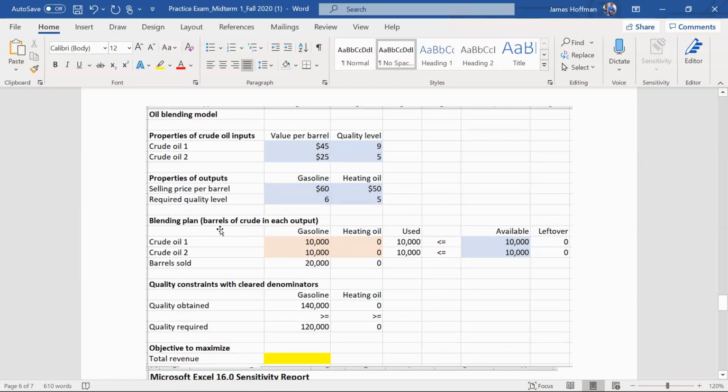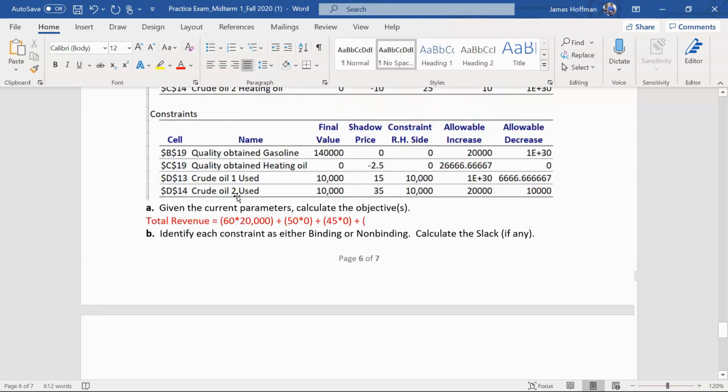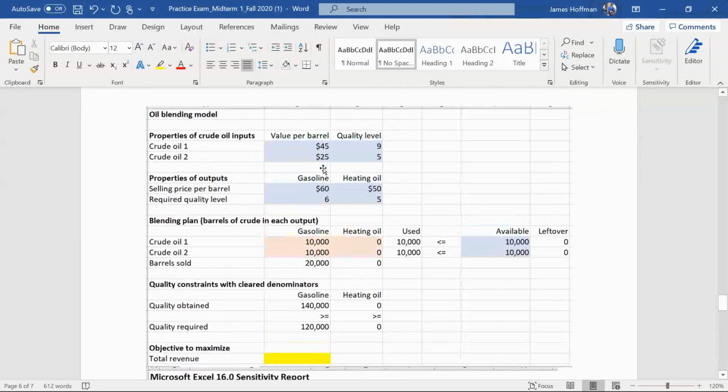Okay, and then also if we had any leftover crude oil 1, we could sell that at $45. We don't have any left, but we could sell, so it's 45 times 0. The last thing is we can sell crude oil 2 at 25, but there's nothing left, so this is another 25 times 0.